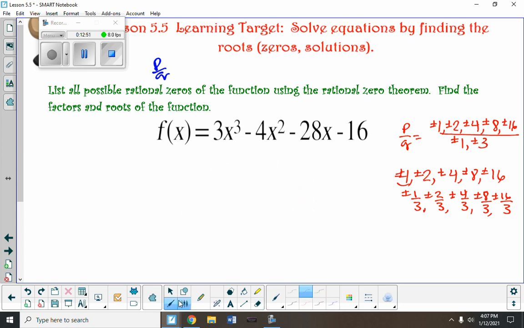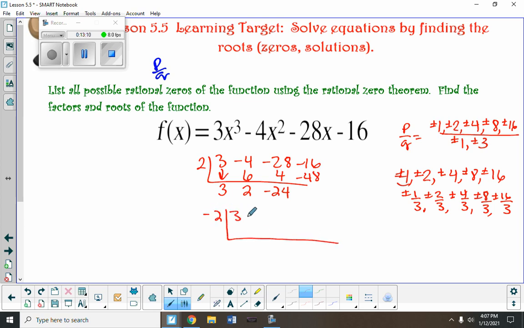So now we'll try 2. So then we have 6, 2, 4, -24, -48. And that does not work. So we'll try a -2. Okay, so we have 3, and that's a -6, which is a -10.